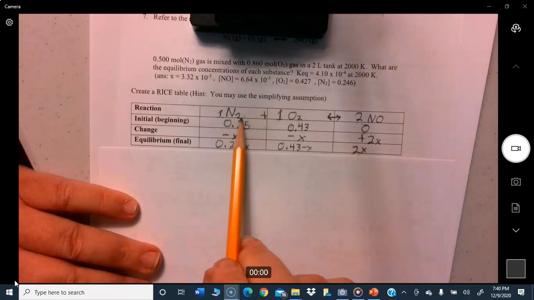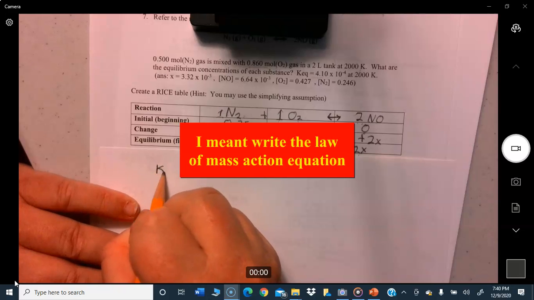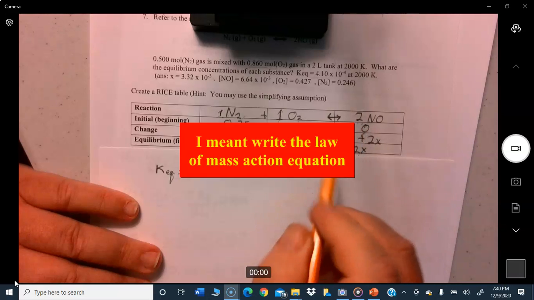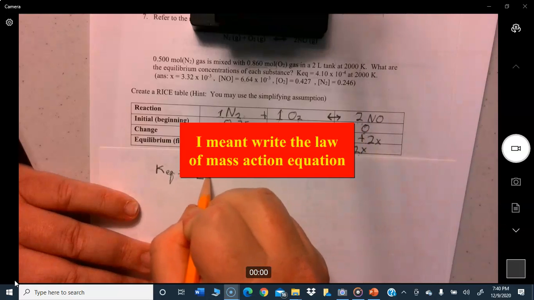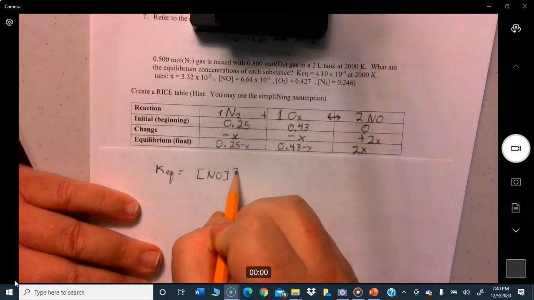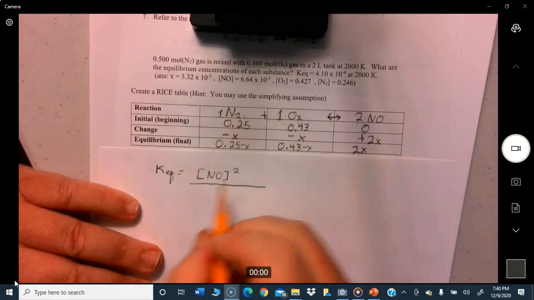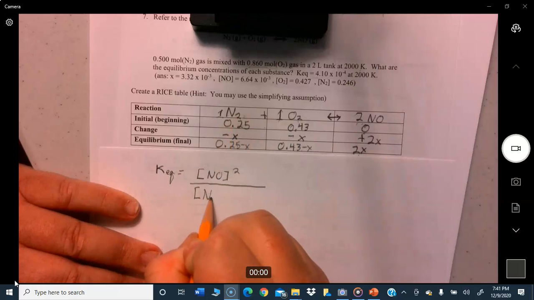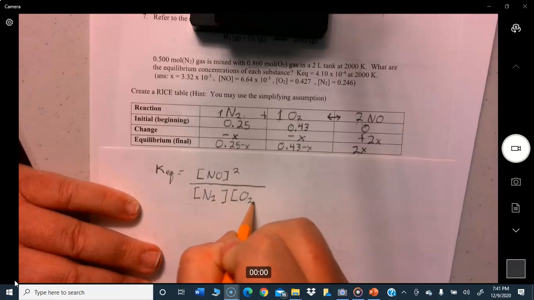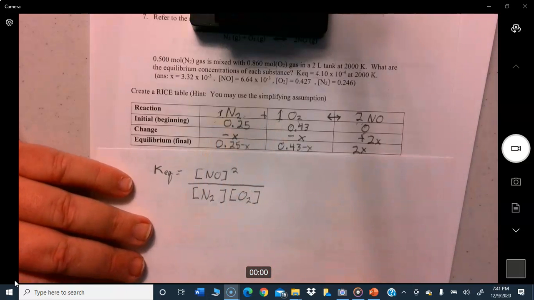So it's going to be product on top, and the coefficient becomes the exponent, and then reactants on the bottom, coefficients are both 1, so you don't need to write anything for the exponent.